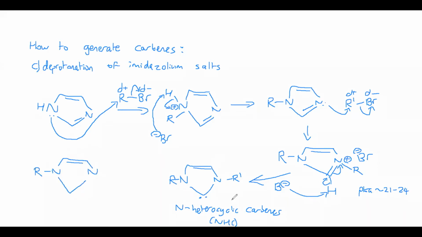These N-heterocyclic carbenes are very stable compared to the carbenes we've been looking at. And you can store them and they don't react immediately like the other carbenes we've seen. You can store them and they're very useful in making catalysts.